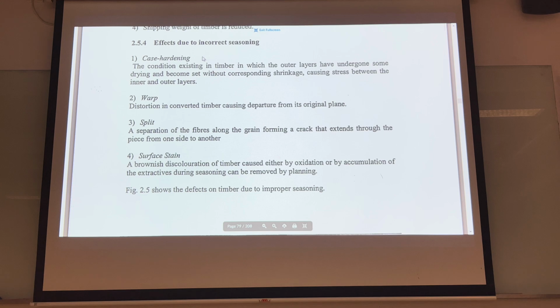So you also need to know incorrect seasoning will lead to case hardening, warp, split, and surface stain. Okay?